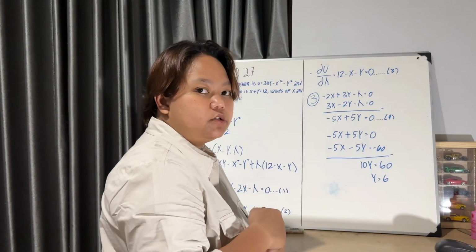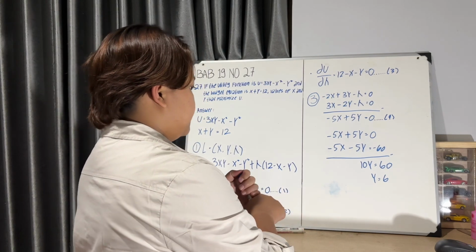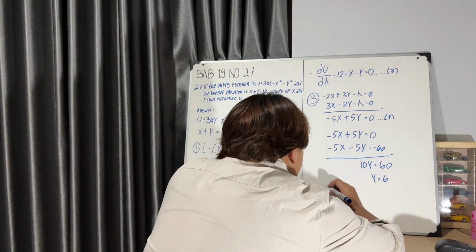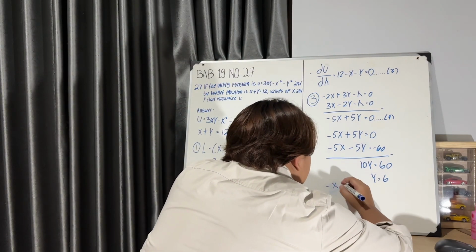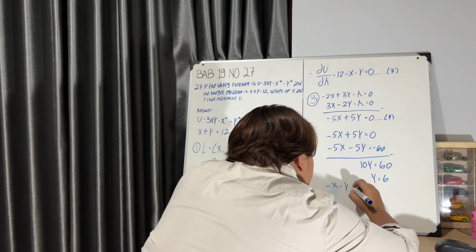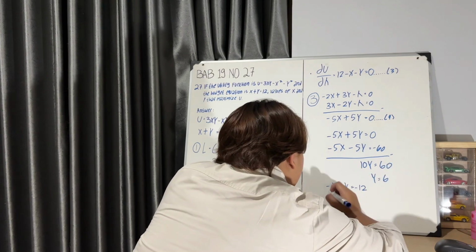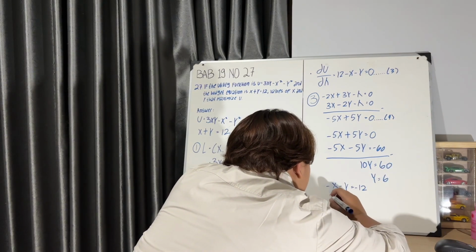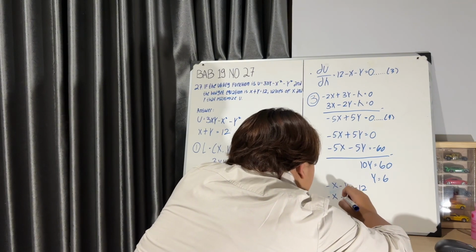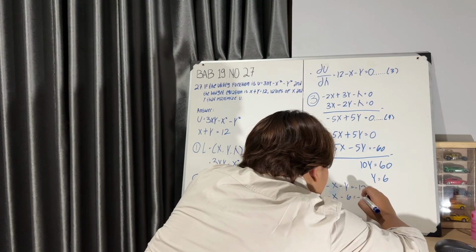Okay, now substitute into the constraint. Minus x minus y equals minus 12, so minus x minus 6 is minus 12.